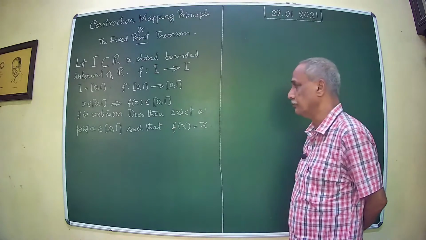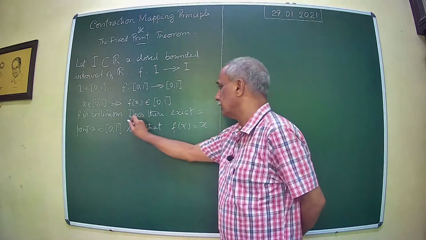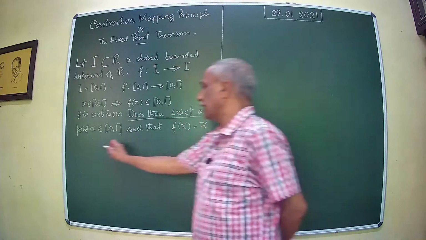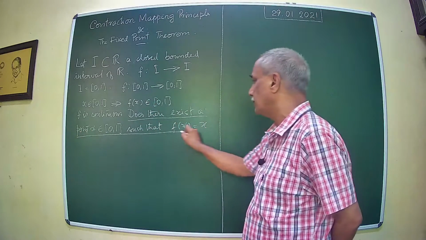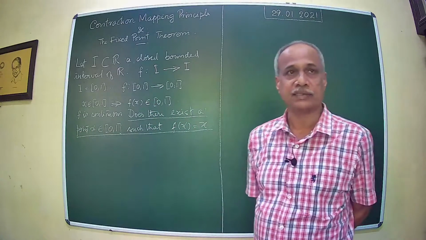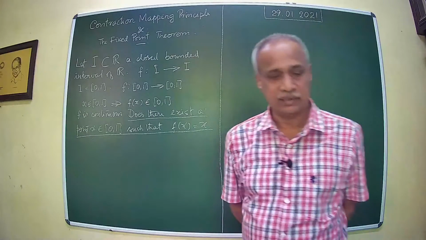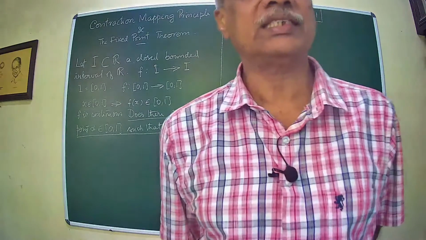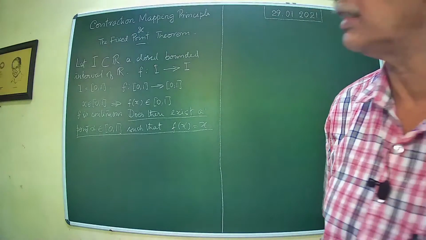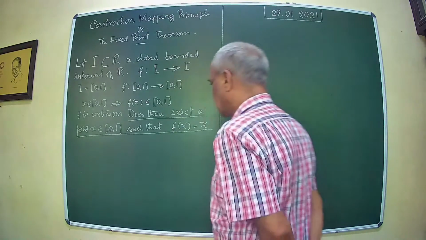This is the question. If there exists such a point, then you call it a fixed point of f.